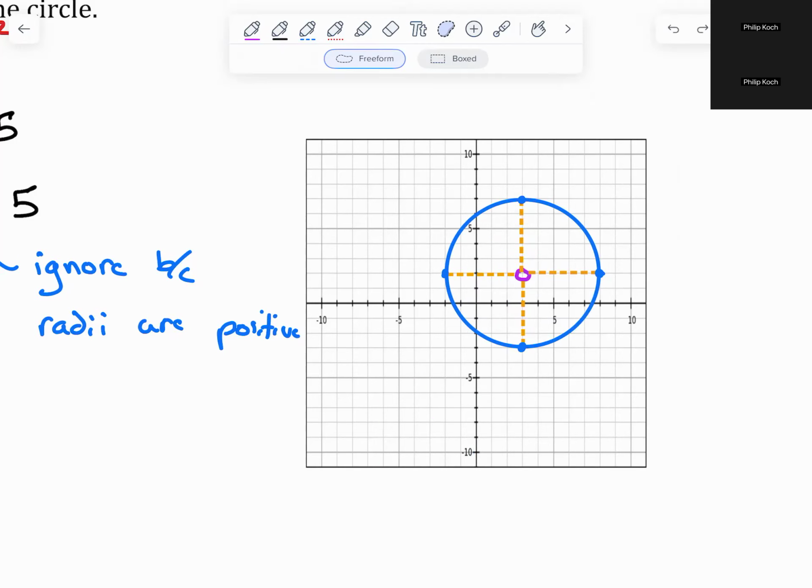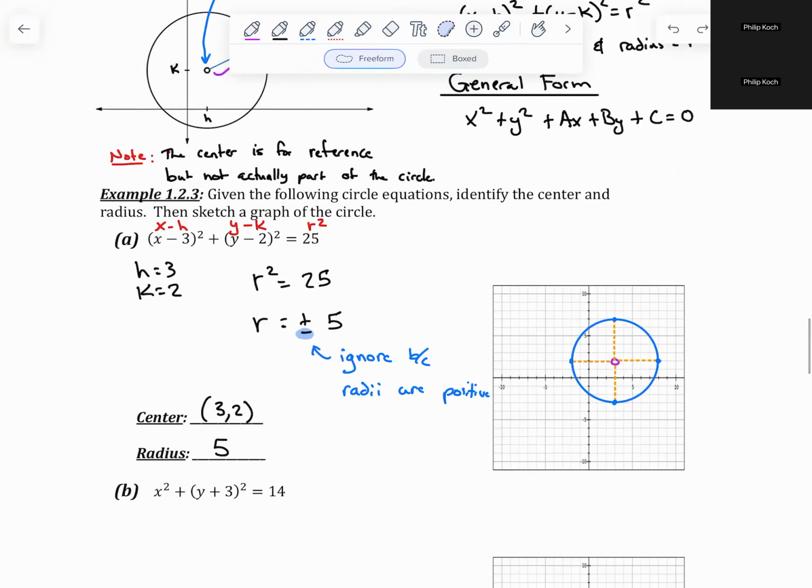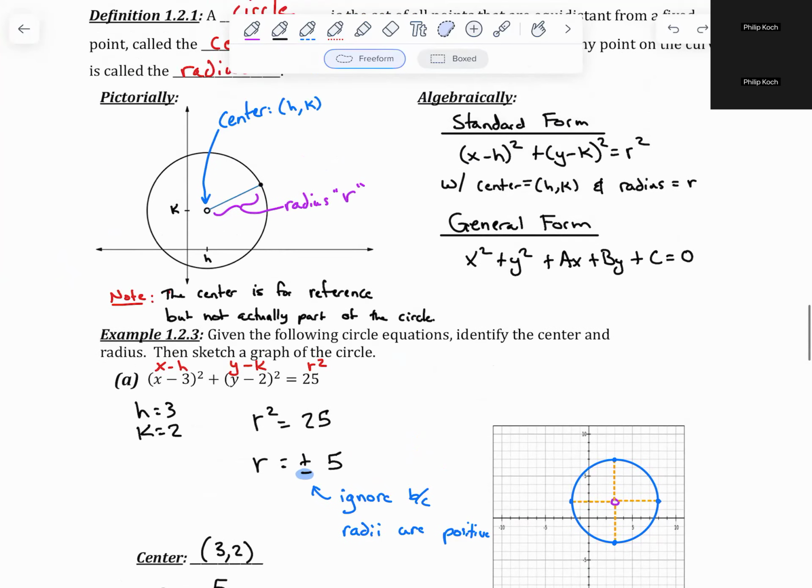Okay? Now, one thing you might be curious about is how does the formula come to be? Why is that the formula for the standard form of a circle? Well, it comes from the distance formula. The circle is the collection of all the points x comma y.